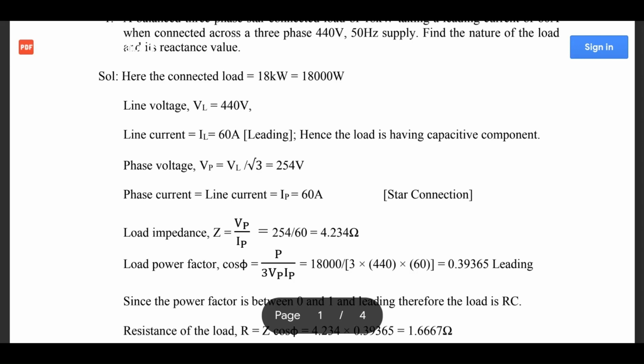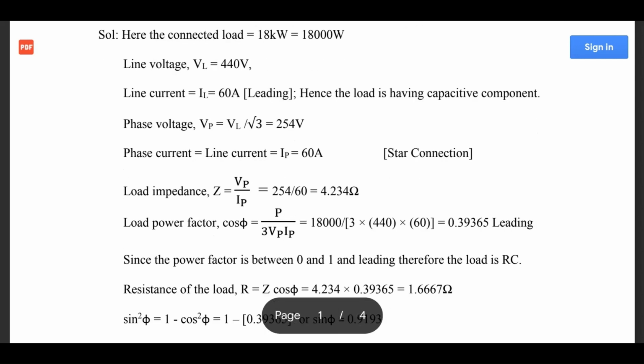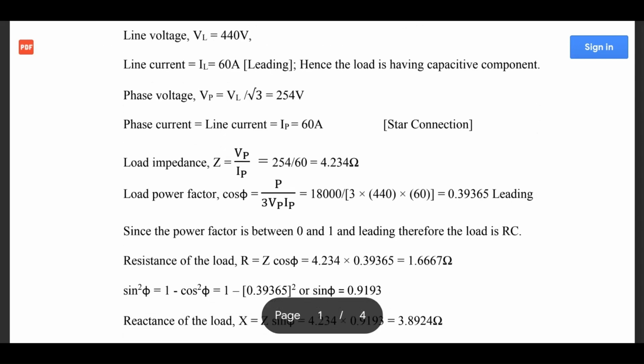And we have to calculate the phase voltage, and phase voltage in the star connected system is given as Vp is equal to VL upon root 3, which is calculated as 254 volts. Line current and phase current values are the same in the star connection.